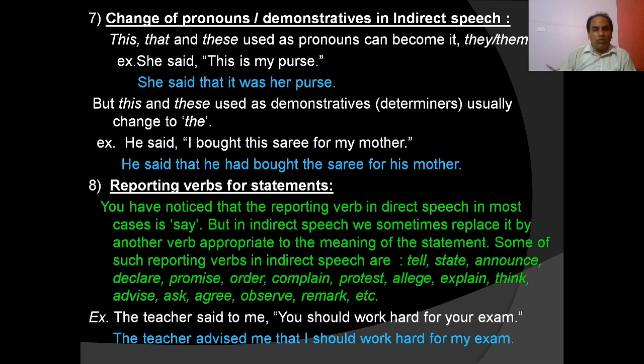Some such reporting verbs in indirect speech are tell, state, announce, declare, promise, order, complain, protest, allege, explain, think, advise, ask, agree, observe, remark, etc. Take the example: The teacher said to me, you should work hard for your exam. The teacher advised me that I should work hard for my exam. You see, advised is used in place of said. Okay, so this is the change of reporting verbs.